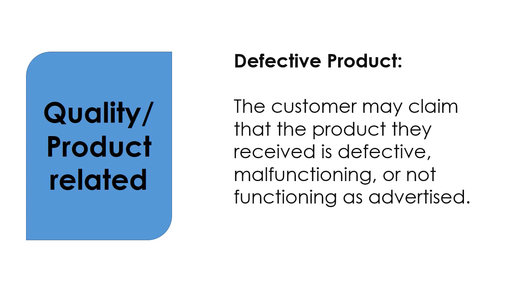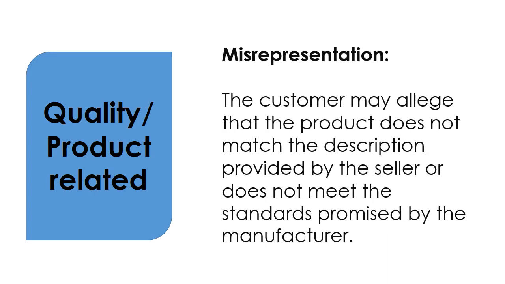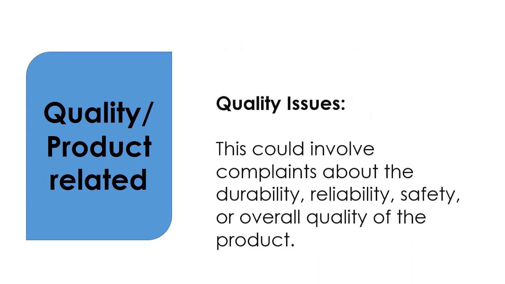This type of dispute can arise for various reasons. Defective product: the customer may claim that the product they received is defective, malfunctioning, or not functioning as advertised. Misrepresentation: the customer may allege that the product does not match the description provided by the seller or does not meet the standard promised by the manufacturer.